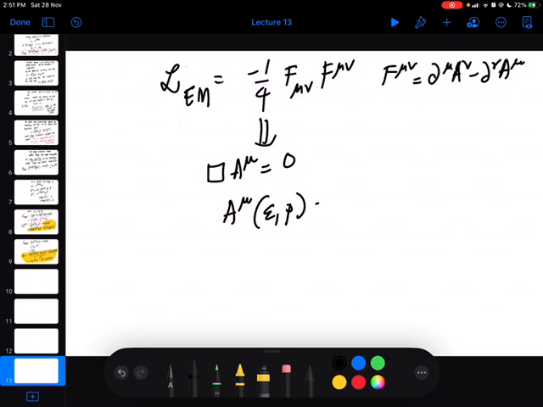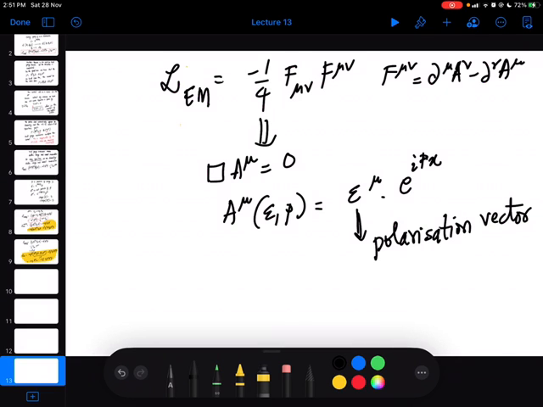Say for example, A_μ is equal to ε_μ e^{ikx}, some plane wave part, and this ε_μ is called the polarization vector. So just like the spinors, the polarization vector also has 4 degrees of freedom: ε_0, ε_1, ε_2, ε_3.